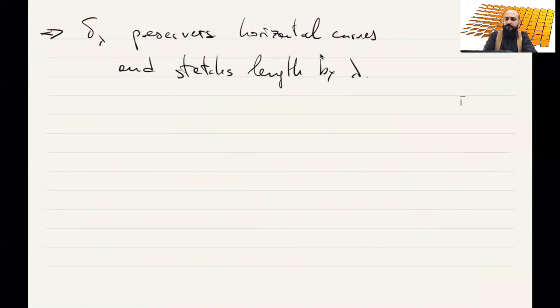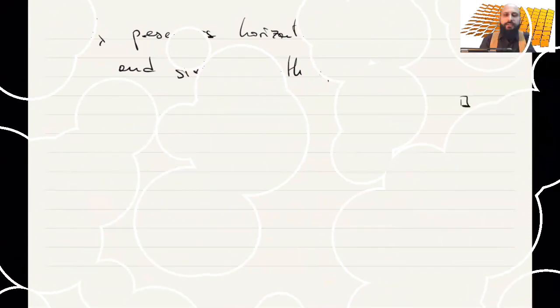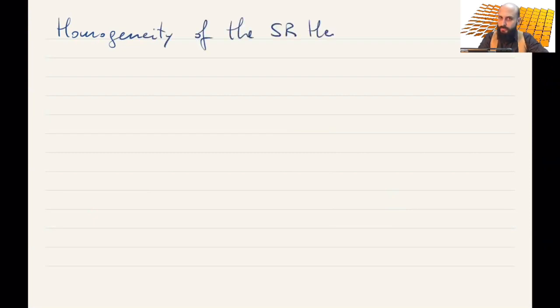And this proves the property for the metric. So the presence of a dilation gives us the homogeneity of the subRiemannian Heisenberg group. Homogeneity of the subRiemannian Heisenberg group.